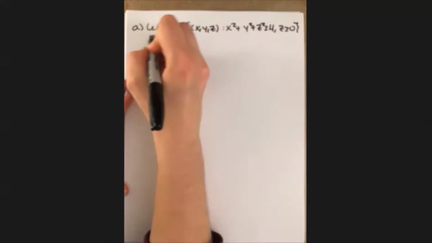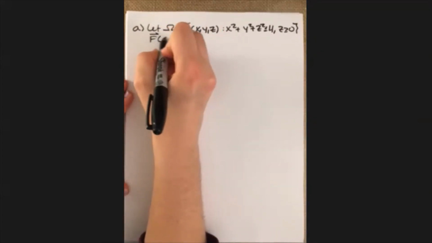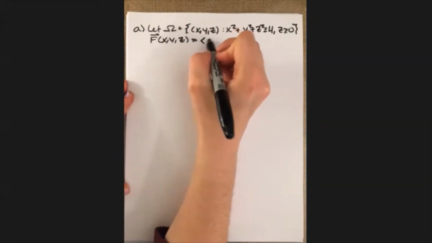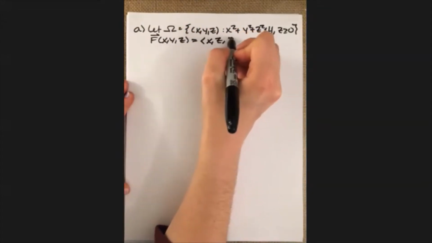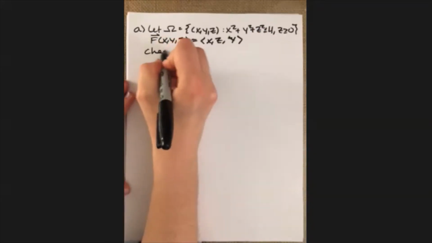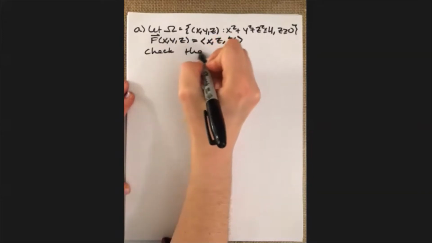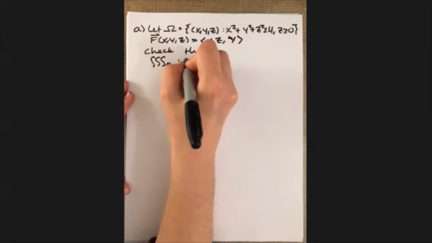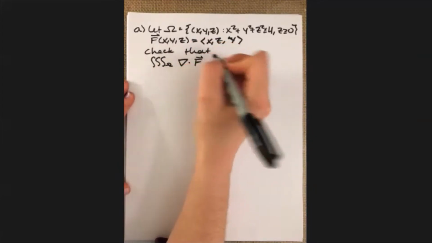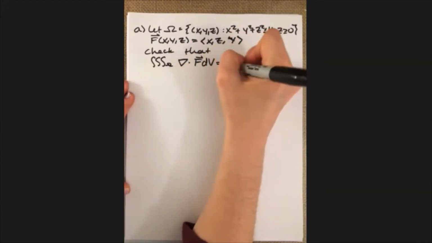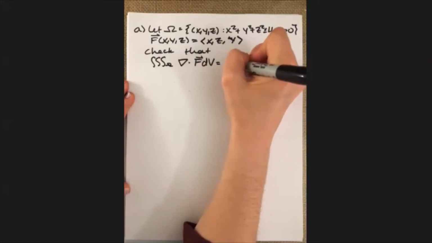Our vector field is going to be F of x, y, z equal to (x, z, y). Like I said earlier, we will check that the triple integral over omega of the gradient operator dotted with F dV is indeed equal to the double integral over the boundary.